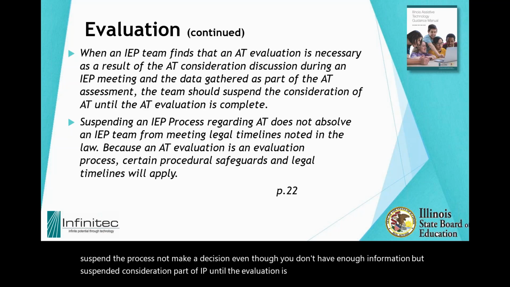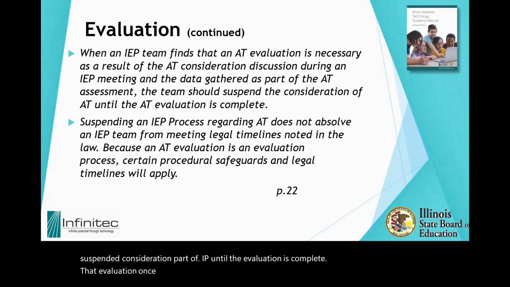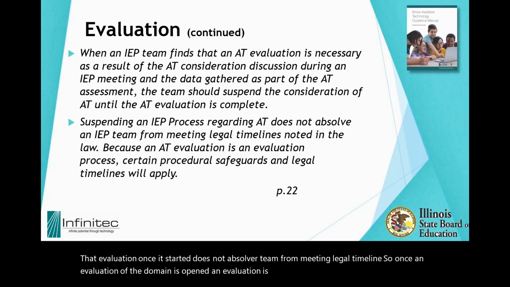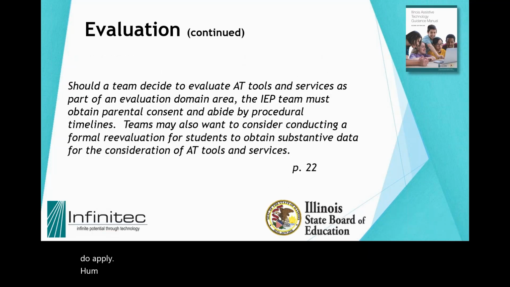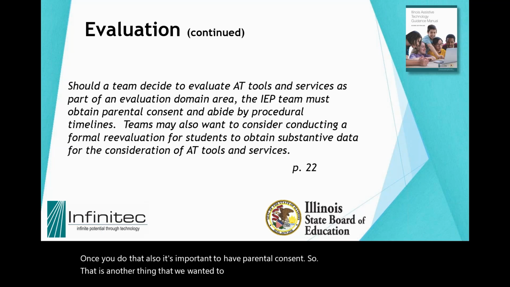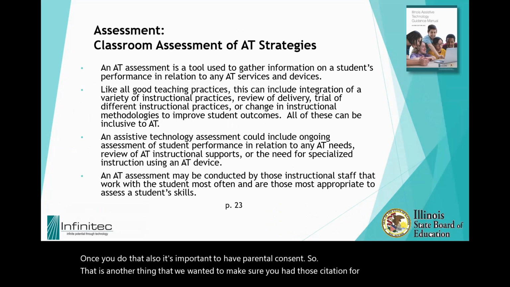That evaluation, once it's started, does not absolve the team from meeting legal timelines. So once an evaluation, a domain, is opened and evaluation is started, procedural safeguards and timelines do apply. Once you do that also, it's important to have parental consent. So that is another thing that we wanted to make sure you had the citation for in the guide.